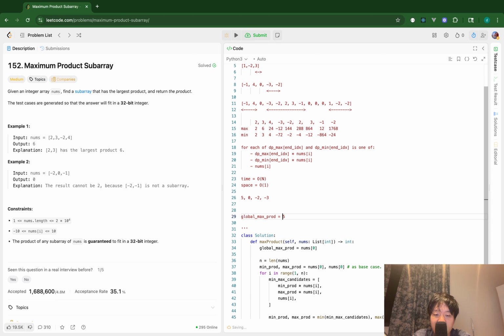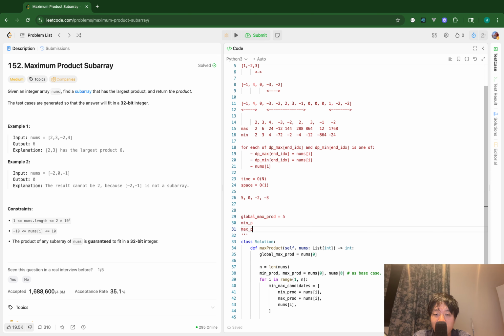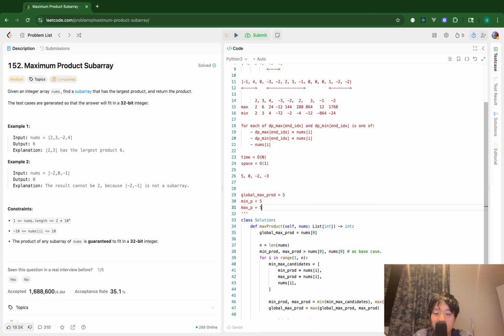Then in line 36, n is 4, and min product and max product are 5 and 5 now. Then in line 39, I iterate from 1 to 3.